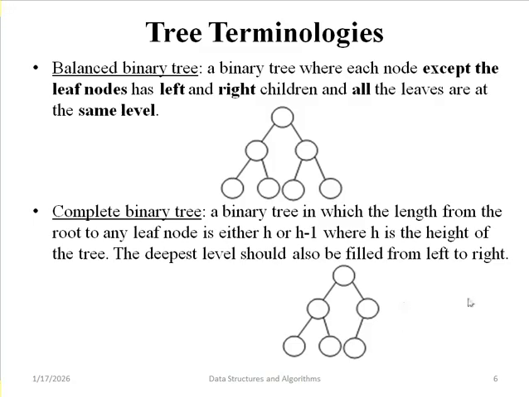If we wrongly change the node under this node to the right side, this will not be considered a complete binary tree, because connecting nodes should go from left to right.